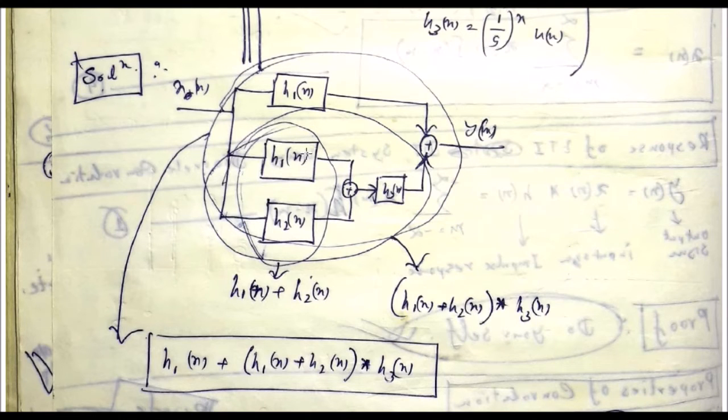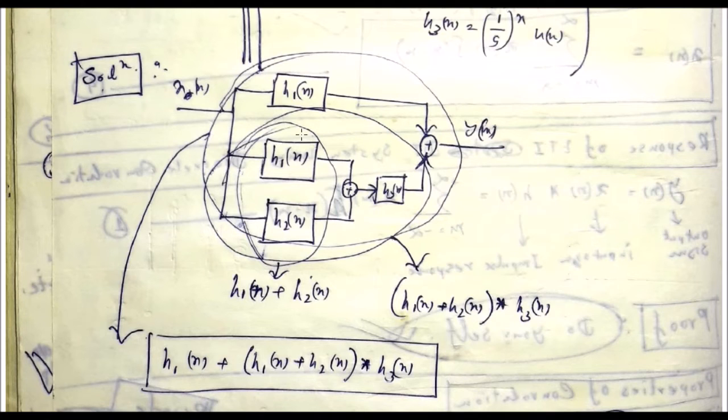This parallel block has the impulse response h1[n] plus h2[n], which is connected in series with h3[n]. So these two should be convolved in order to obtain the overall impulse response of this branch. So h1[n] plus h2[n] convolved with h3[n] is the overall impulse response of this branch. And the upper branch already has the impulse response h1[n].